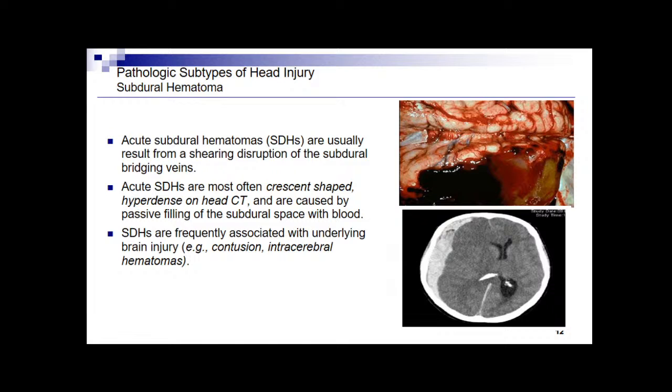So we can differentiate if you compare the slides. On this slide, you can see the very characteristic shape of the hematoma. Crescent shape hematoma, crescent shape hyperdense shadow inside the cranial cavity with displacement of the median line of the brain structures to the opposite side.